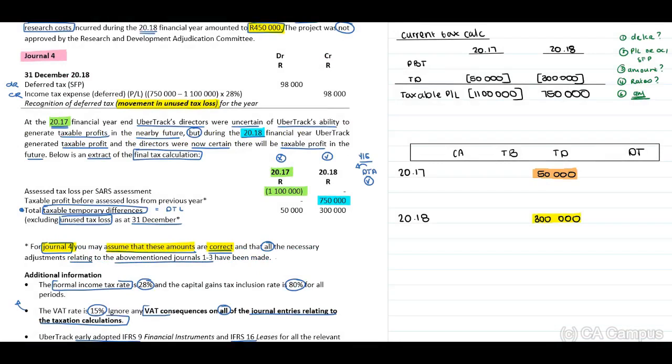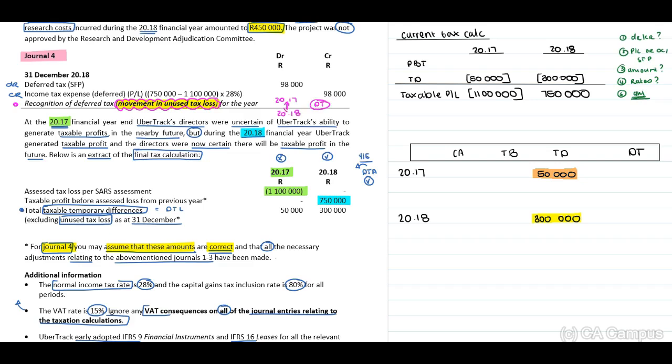Okay, so guys, we're going to go back to basics. For now, look at the narrative information in terms of the journal entry. It's the recognition of deferred tax, the movement of the unused tax loss for the year. Now, if this is the movement, remember this will be the movement from 20.17 until 20.18 in your deferred tax calculation.